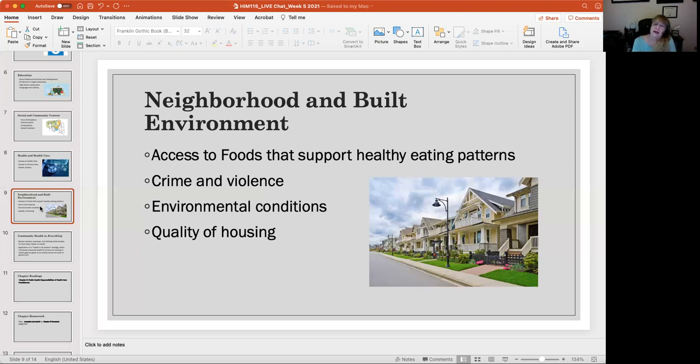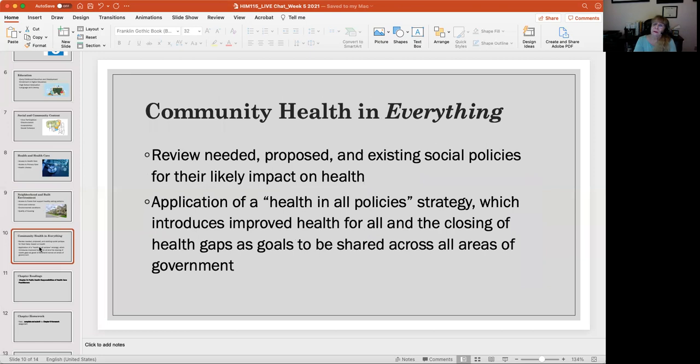The point is that just making the effort is good for your soul, and it's good for the souls of the people in your neighborhood, and it'll help everybody be healthier. This really is important because your community health is everything.